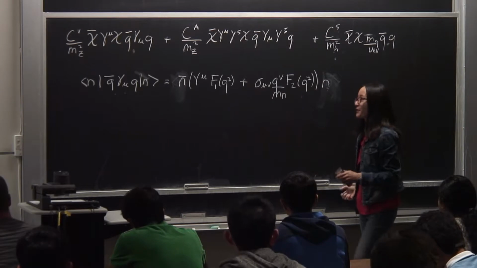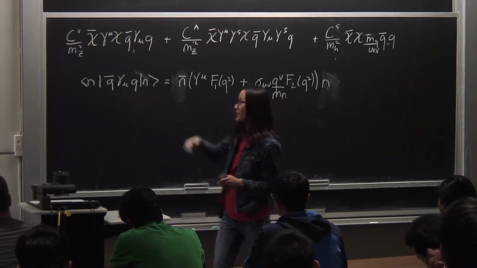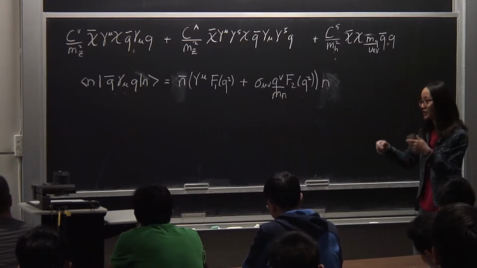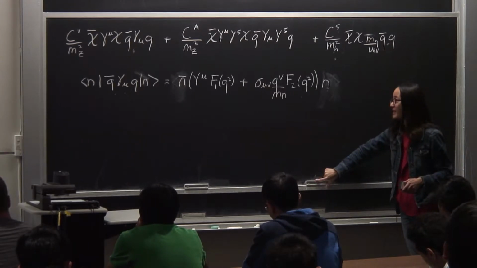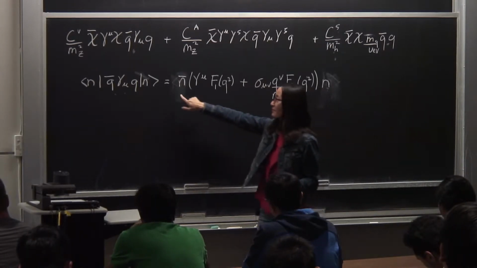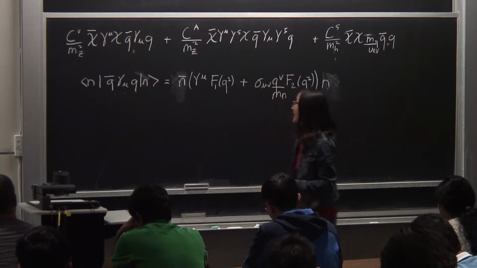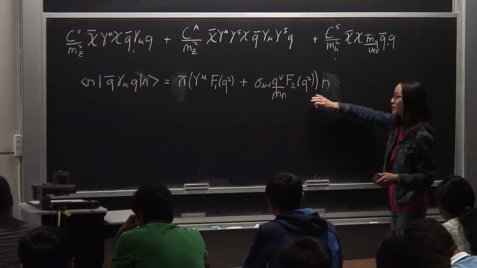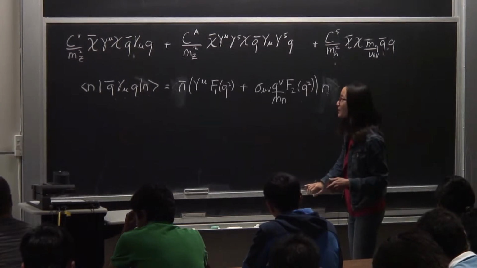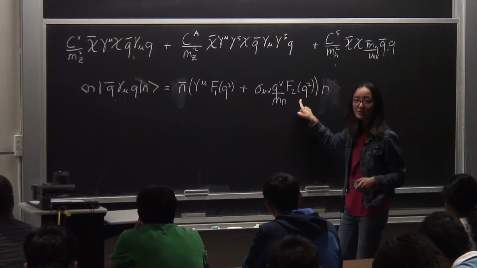I'm kind of glossing over the fact that I have multiple quarks in the nucleon. Let's neglect that for the moment. I should sum over all the quarks in the nucleon, but in any case, this kind of matching will result in, well, first I can just write down the most general thing that is possible with these form factors.